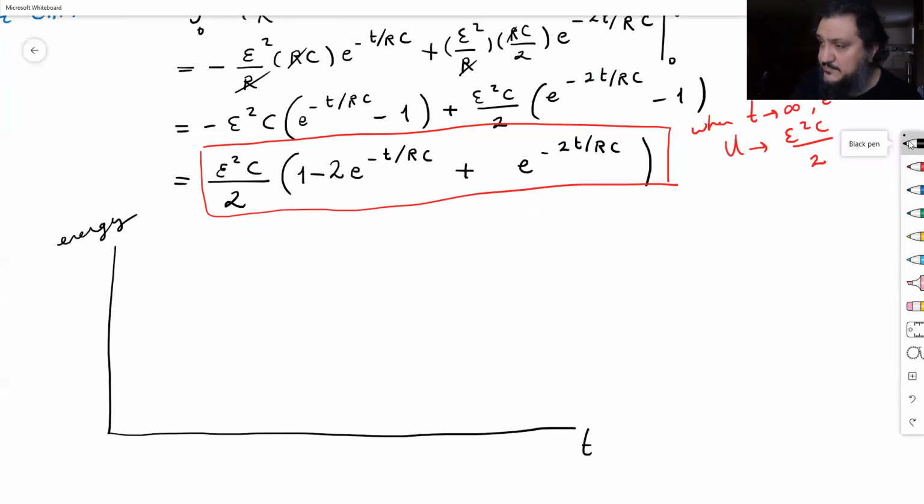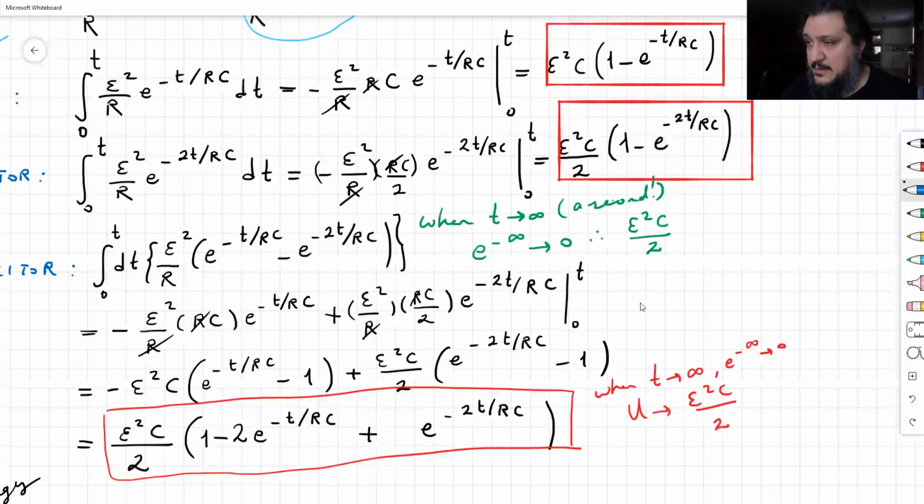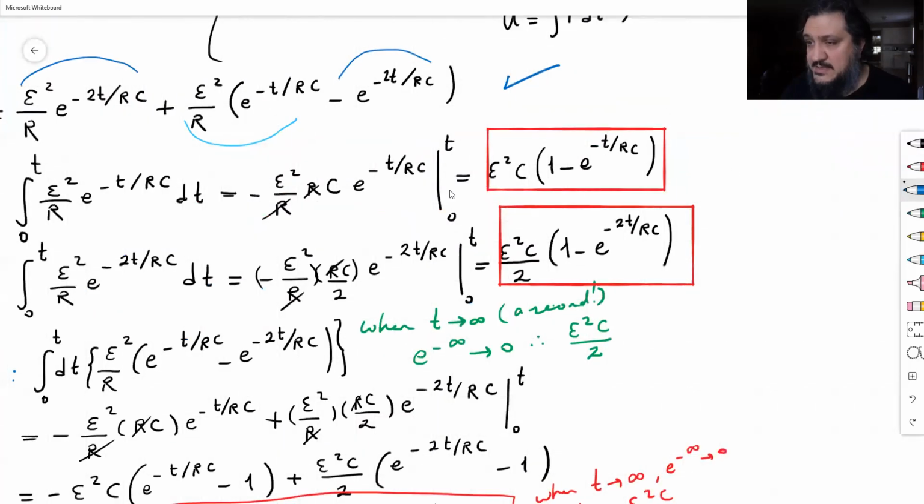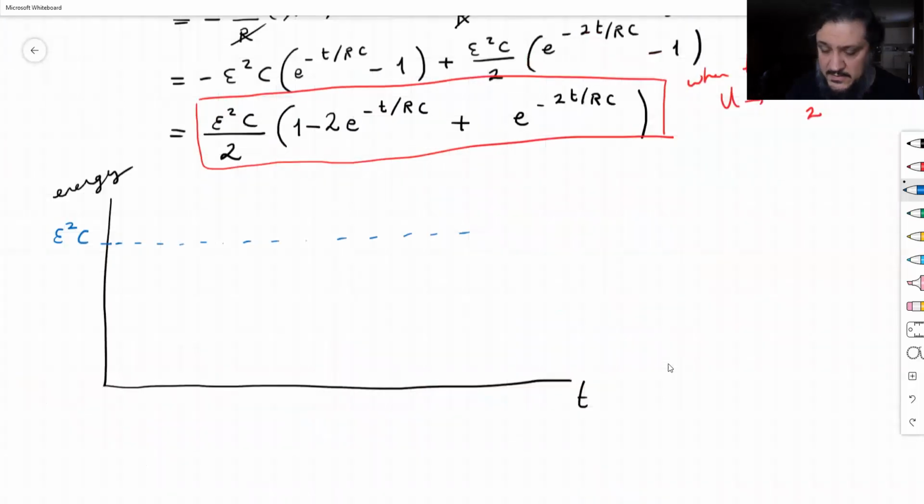We know what maximum value the battery should have, which is E squared C. Okay, it's right here. The first formula, right? E squared C. So we know how to draw that function. It's just this. Right? That's the battery.